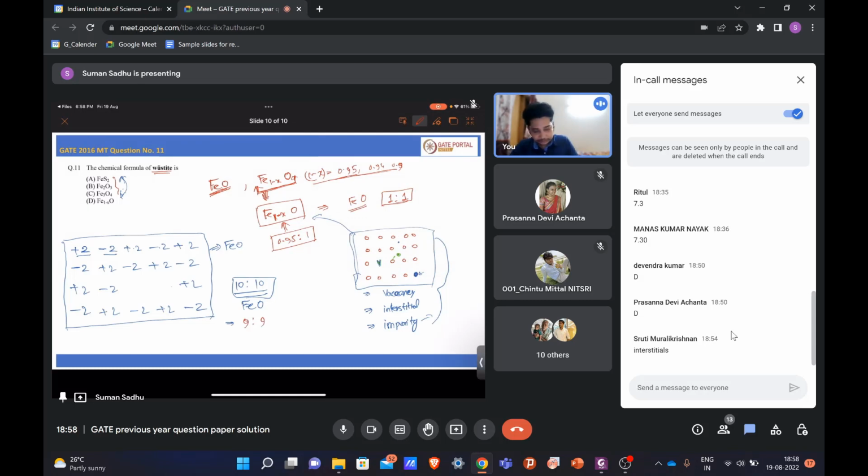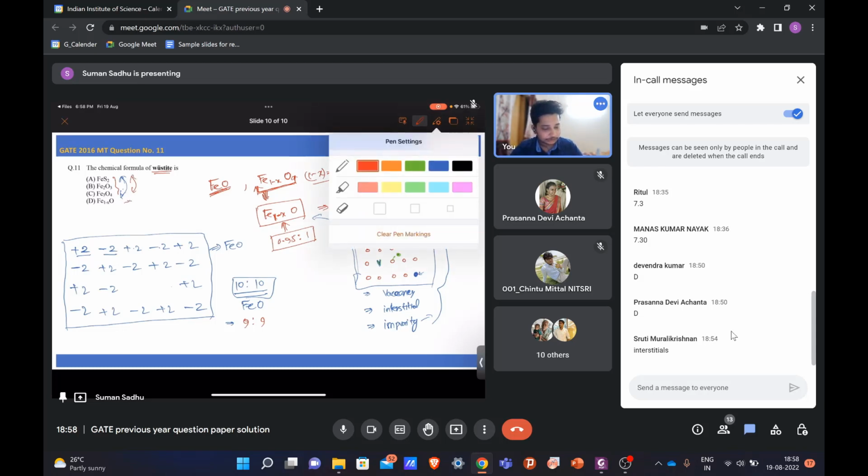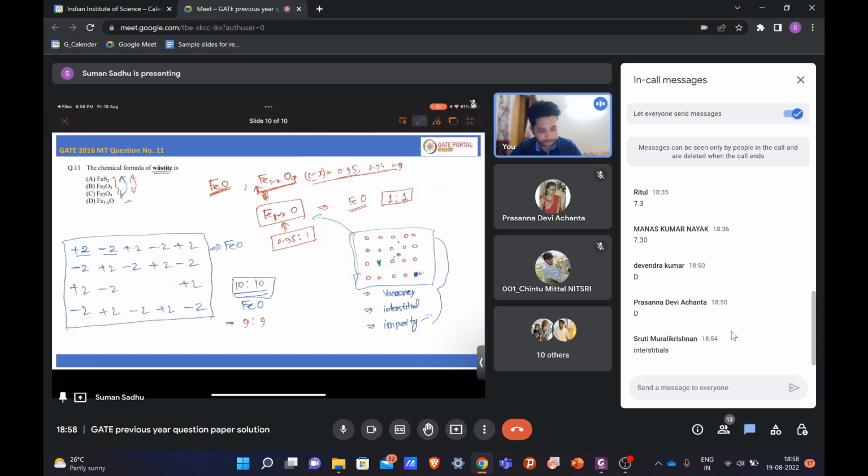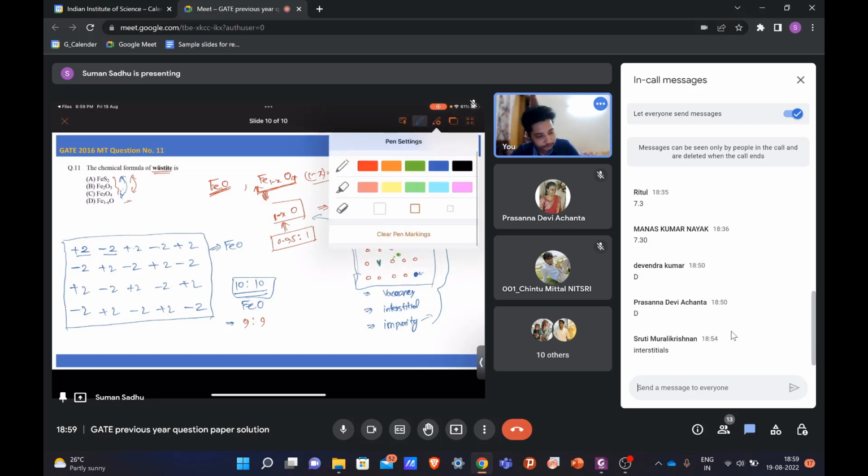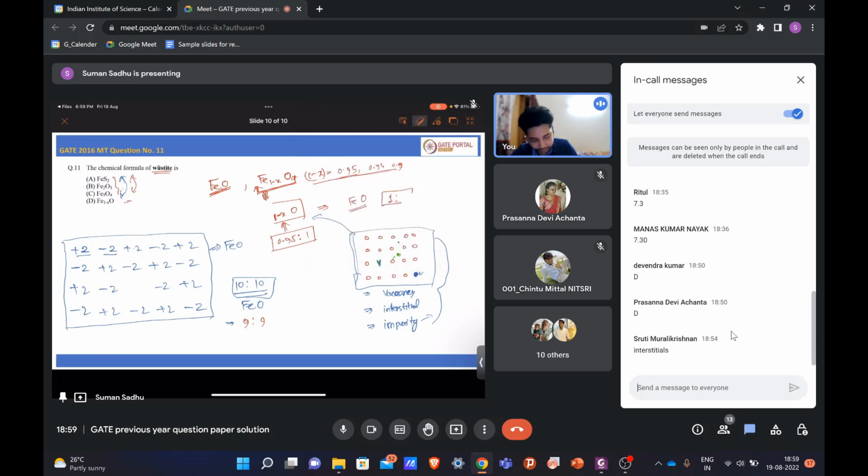These things happen for the other oxides, but for this one a non-stoichiometric defect is found. So what does non-stoichiometric defect mean? Let's say you have less iron, that means you have removed one iron.